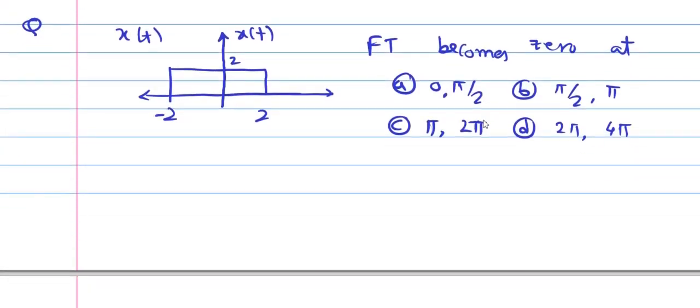Now this question: the Fourier transform becomes 0. So x(t) is given and we have to identify when the Fourier transform becomes 0. This we have to identify.